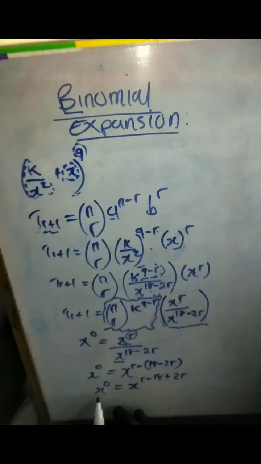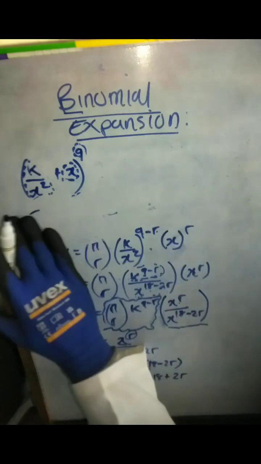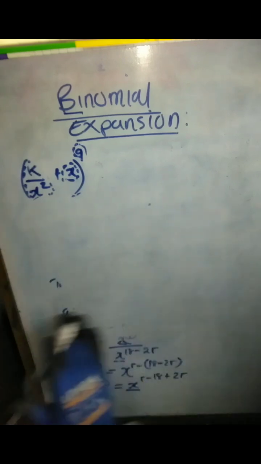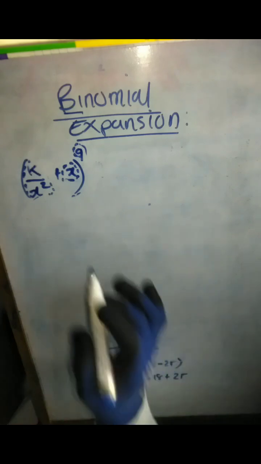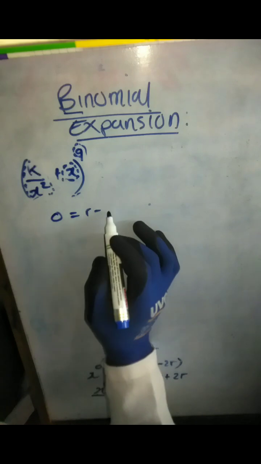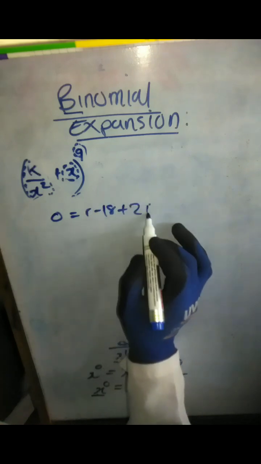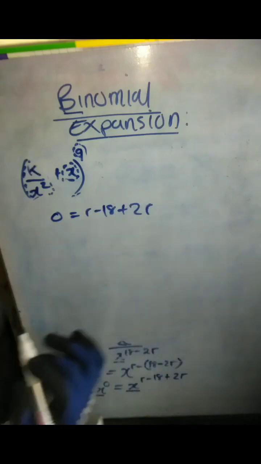Now we said if the bases are the same according to the laws of indices, the powers should also be equal. If we check properly, the bases are both x, so the bases are the same. Then we can equate the powers. So 0 equals r minus 18 plus 2r. Let's find the value of r.